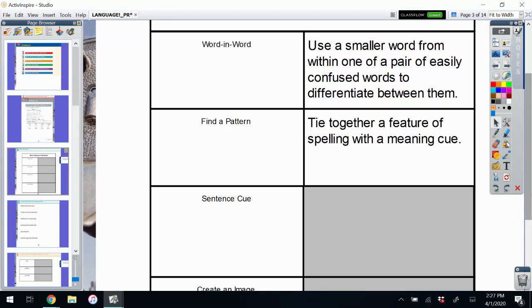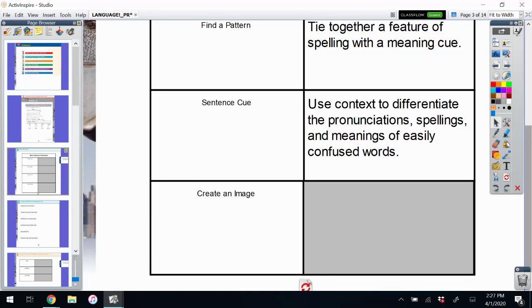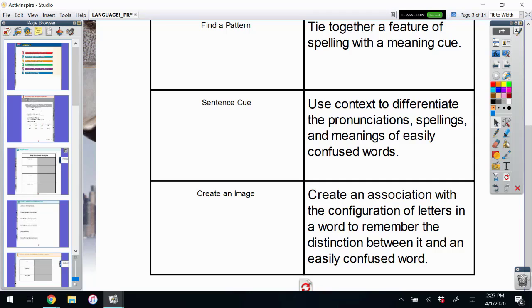A sentence cue strategy helps to differentiate the pronunciations, spellings, and meanings of easily confused words through use of context. And the create an image strategy involves creating an association with the configuration of letters in a word to remember the distinction between it and an easily confused word.